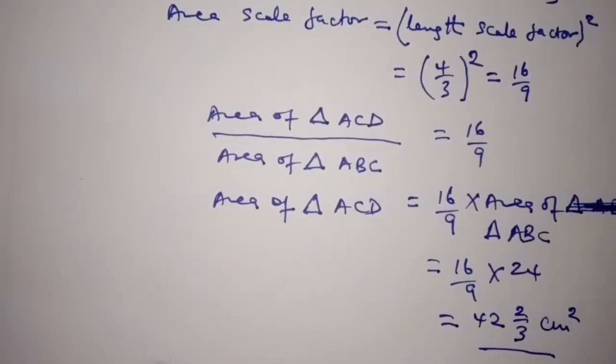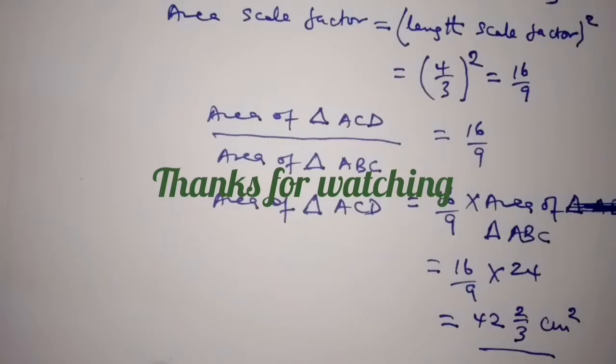So the area of triangle ACD will be 42 and 2 over 3 centimeters squared.